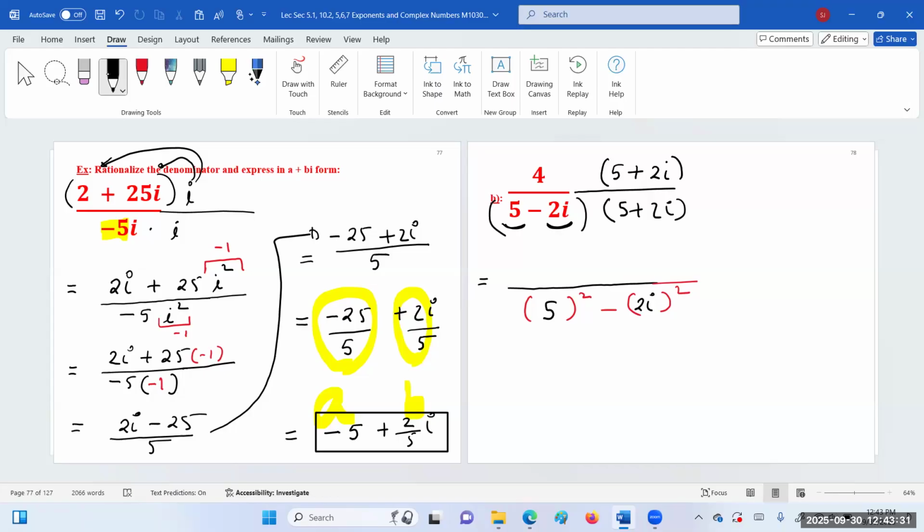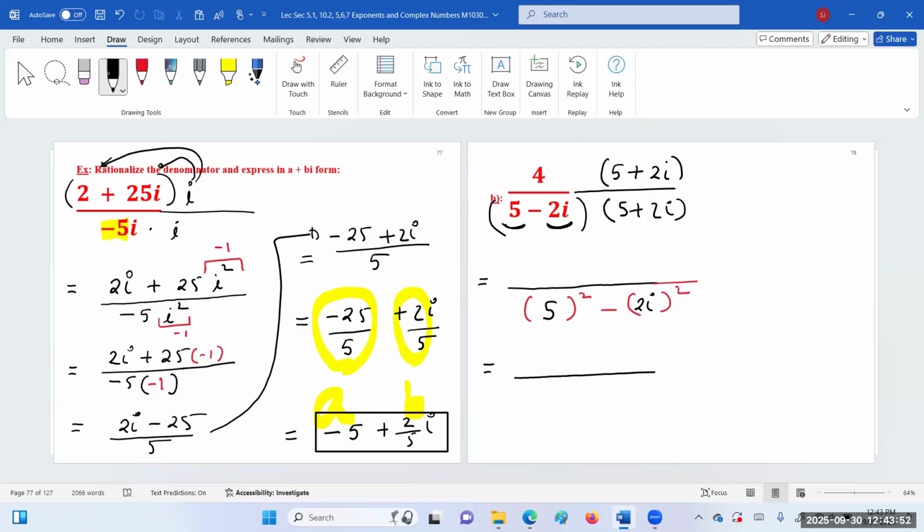If you can't remember that, no problem, use FOIL and you get the same result. But our goal here is not to use FOIL because we want to have an easy life. So all you have to do is take your 5, square that, and always subtract, always. Take the second term 2i and square that.